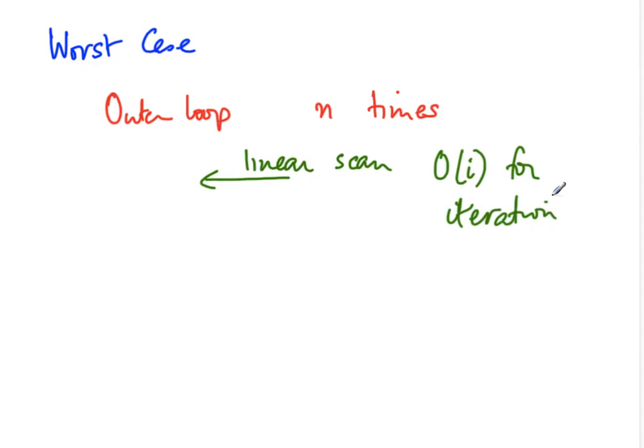So when we have done a0 to a i minus 1 and we want to insert a i, we have to in general walk through all of them. If it is the smallest value, it must walk through all of them before we find its place. So for iteration i, we take order i time. So basically we have the standard thing, which is 1 plus 2 plus up to n minus 1 steps, and this is going to be theta of n squared, as we have seen.